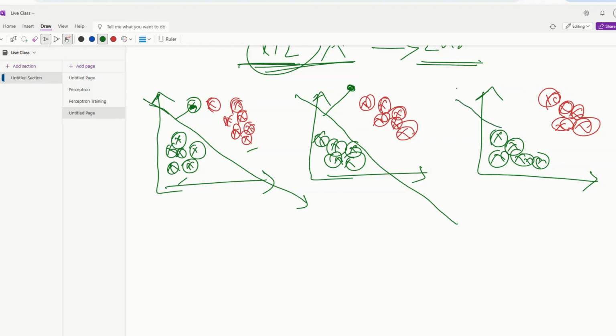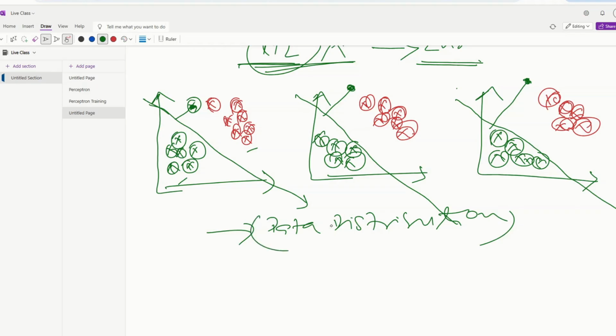Let's suppose I find this straight line, and there's a point, the same point. Let's assume that these three points are the same, I mean the data distribution is the same. Let's assume for the time being that the data distribution is the same in all three cases: case number 1, case number 2, and case number 3.